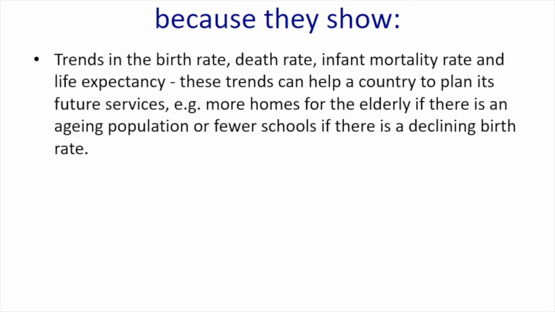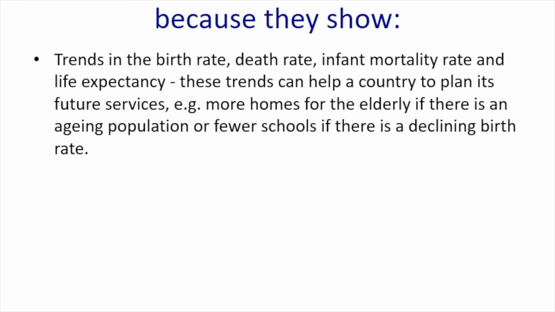Population pyramids are very useful because they show the trend in birth rate, death rate, infant mortality rate, and life expectancy. This trend can help a country to plan its future services. For example, more homes for the elderly if there is an aging population, or fewer schools if there is a declining birth rate.